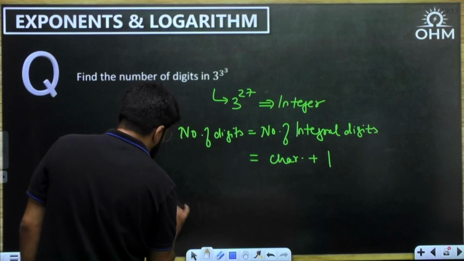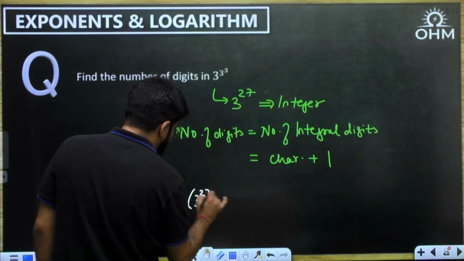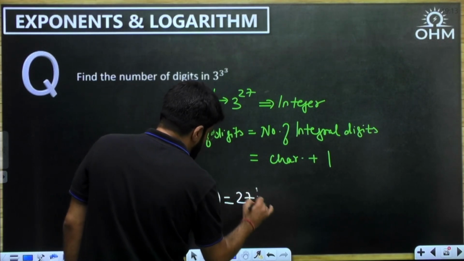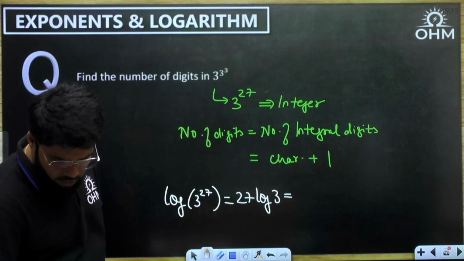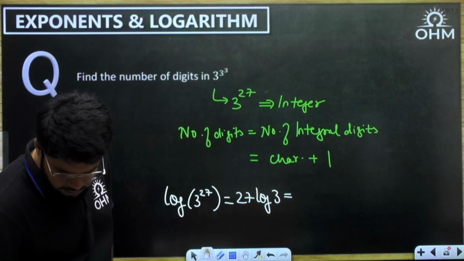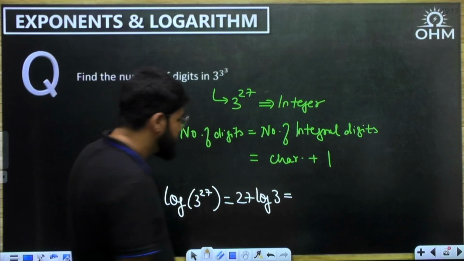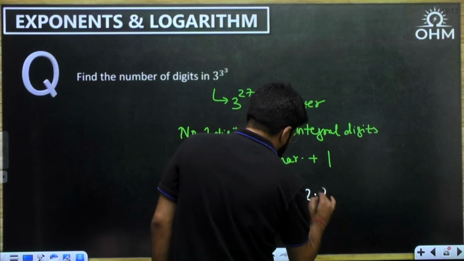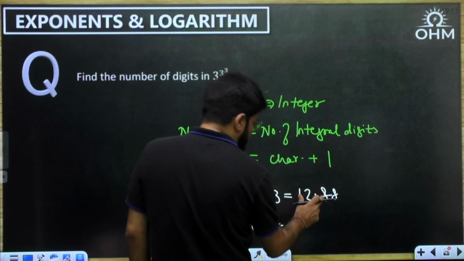Now, what is the log I want? Log of 3 power 27, which is equal to 27 log 3. In the exam, you have a virtual calculator. You can calculate 27 log 3, log to the base 10, remember always. It is 12.88. So what is the characteristic, the integral part?